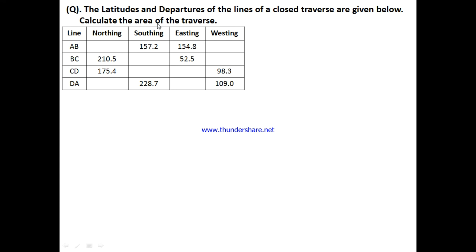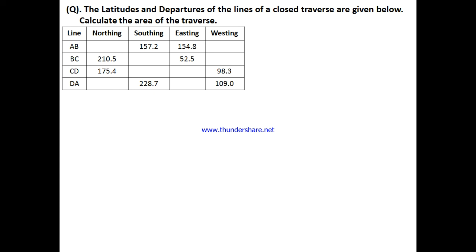Since in all the directions the values are given, we have already studied that the departure value will always be given in the x direction, in the east-west direction. So this easting-westing will give us the departure value, and northing-southing will give us the latitude value. Okay.